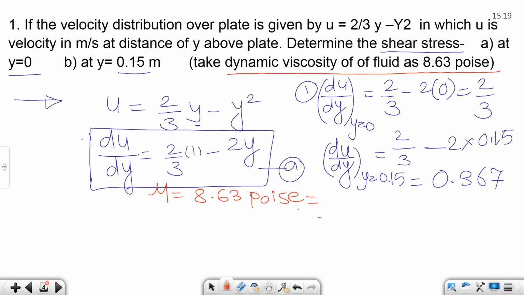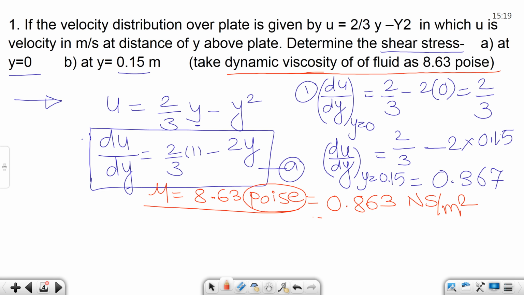To convert viscosity from poise to SI unit, you need to divide by 10. The decimal point will shift to this side, so 0.863 Newton second per meter square.